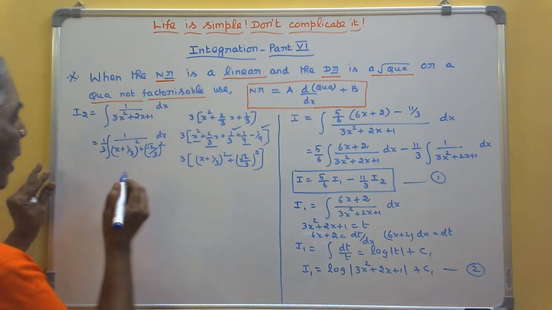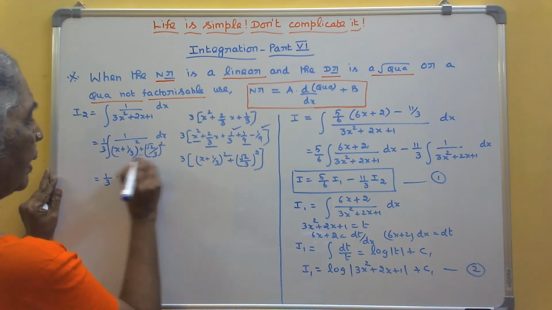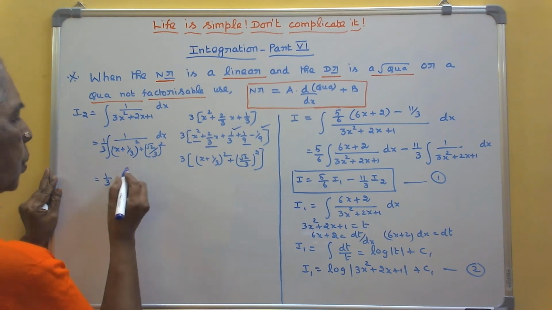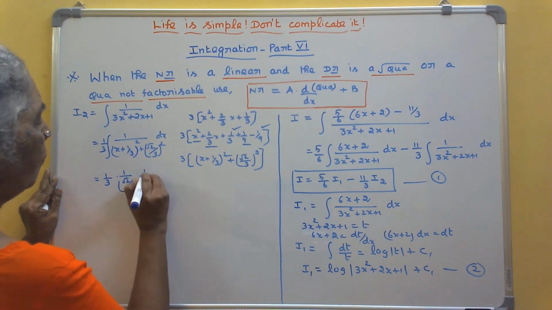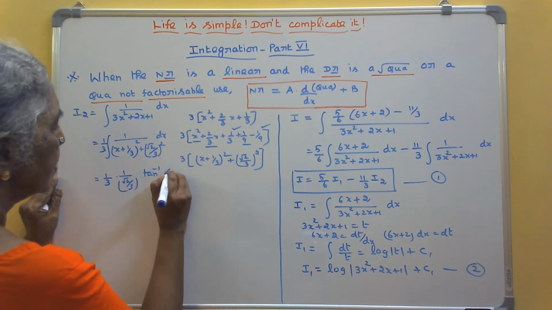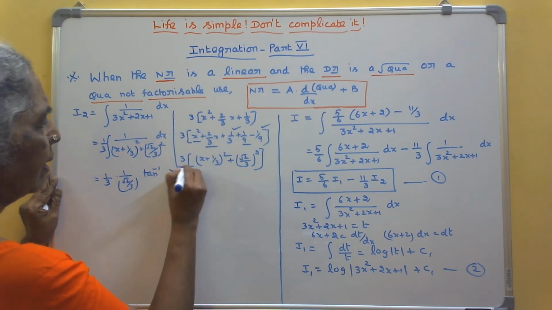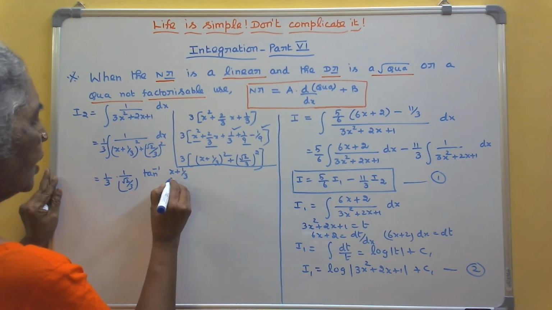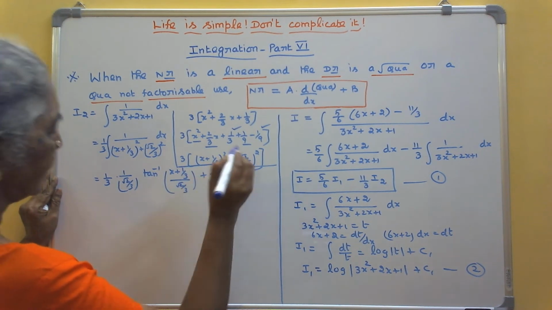Okay, so now I will get 1 by 3, this 1 by 3, a is root 2 by 3, so 1 by root 2 by 3 tan inverse x, that is x plus 1 by 3. I think I will put a bracket here. This is the working, x plus 1 by 3 by root 2 by 3 plus c.